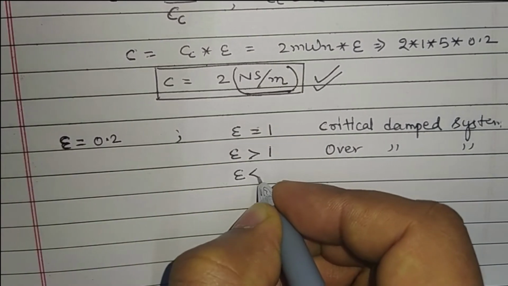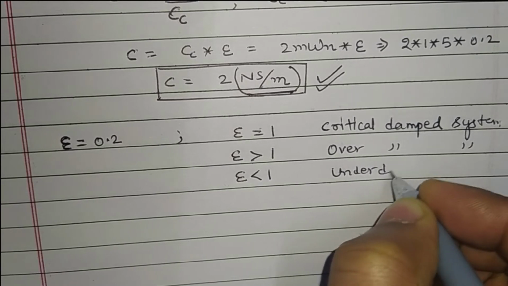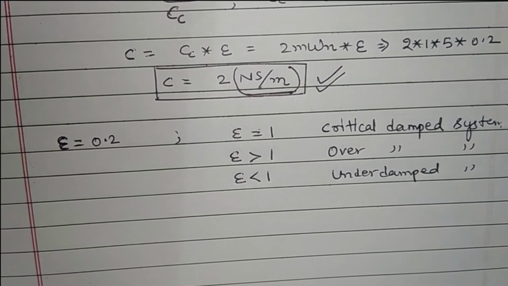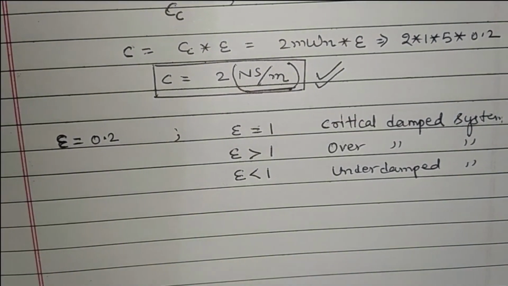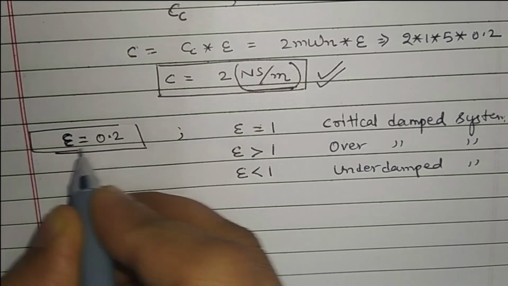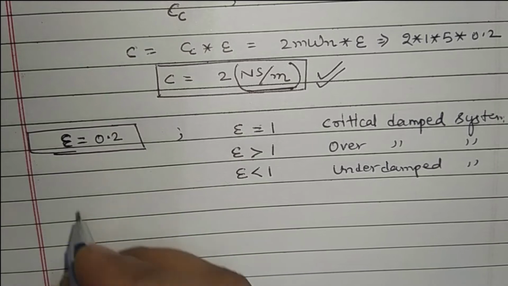If ε is less than 1, then we call it underdamped. As in the given question, ε is equal to 0.2. It means it is underdamped.